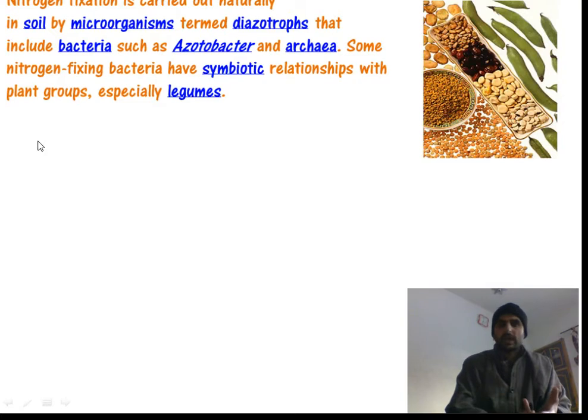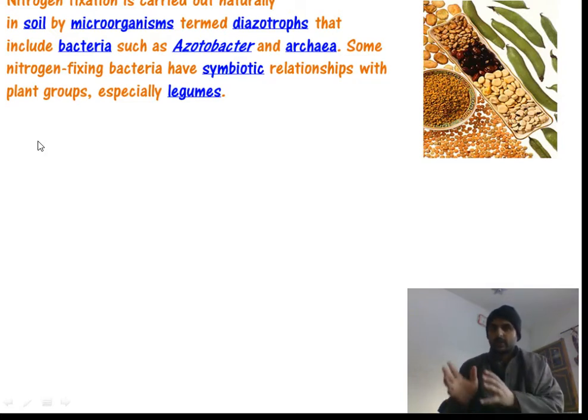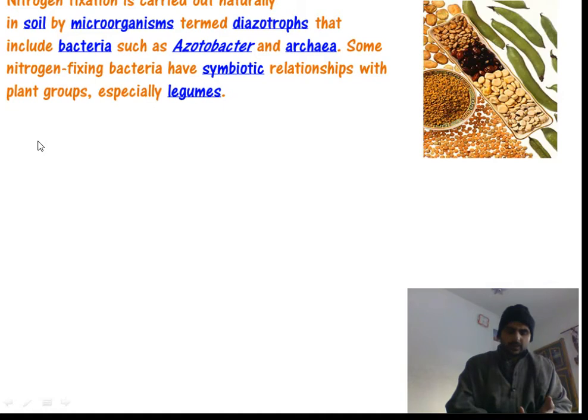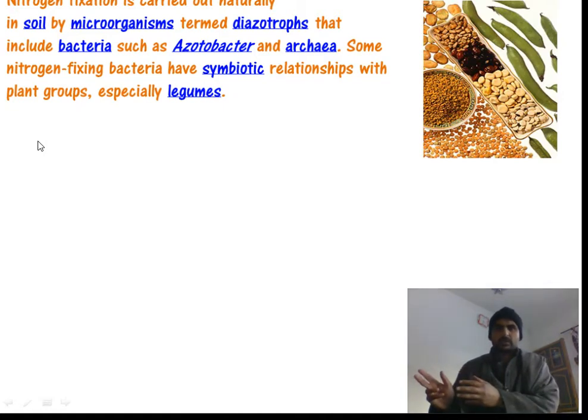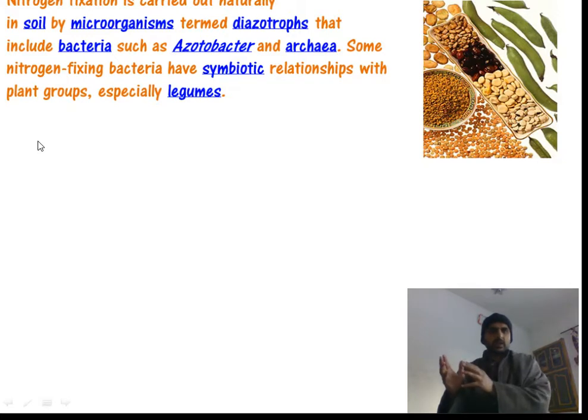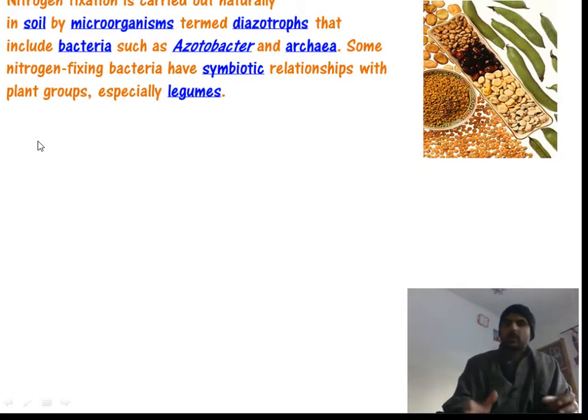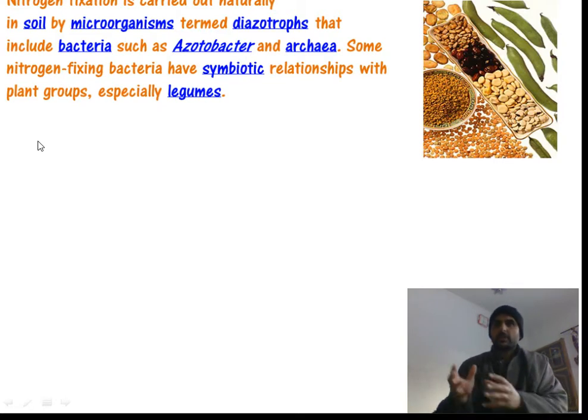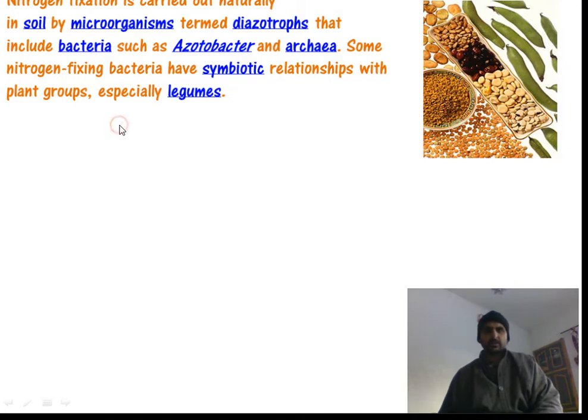We can quote the example of Azotobacter and archaea. These bacteria fix atmospheric nitrogen in the soil automatically. Another process is that there are some nitrogen fixing bacteria which live in symbiotic relationship with other plant groups, especially with the leguminous plants, and they also fix this atmospheric nitrogen.